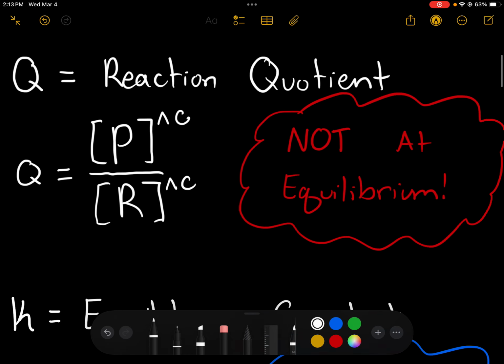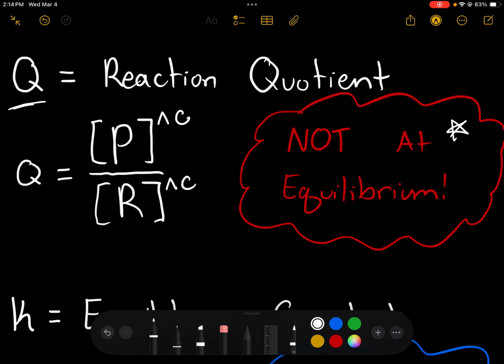We have two different values that we can look at to see what the properties are of these reactions as they approach equilibrium and when they are at equilibrium. We can look at Q values, which are reaction quotient values. As a reminder, those reaction quotients are taken when a reaction is not yet at equilibrium.